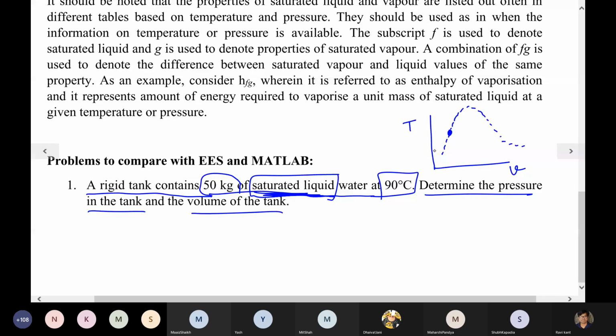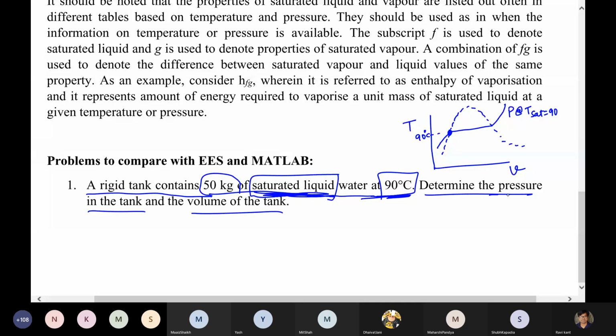But it should have the information of the pressure, whatever the pressure would be at this particular temperature, Tsat. Since this is saturated liquid at 90 degrees C, this is 90 degrees C.